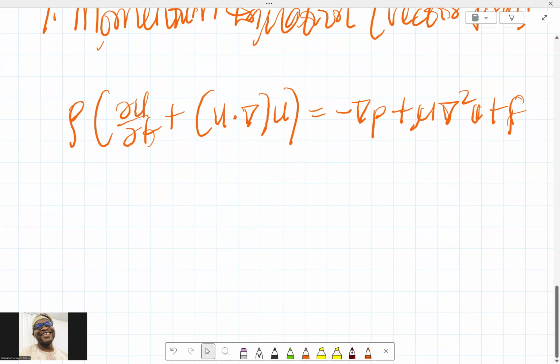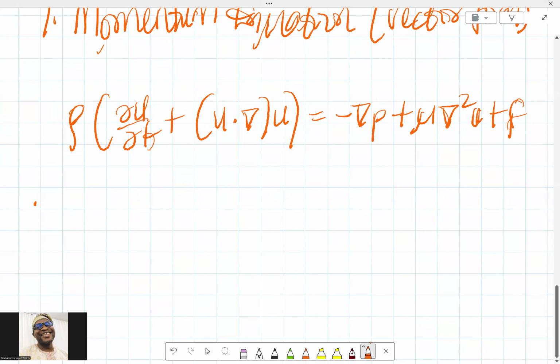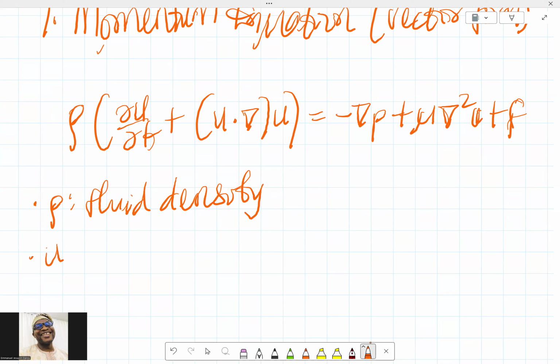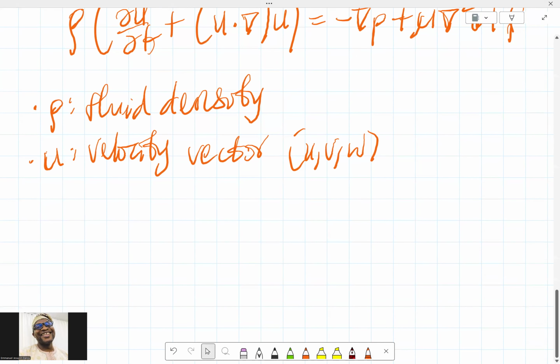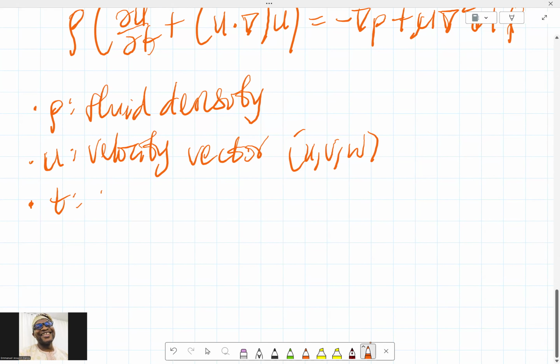So we have the momentum equation, and here we need to know that rho is the fluid density, u is the velocity vector. If it's in one dimension, that's only u. In two dimensions, we have u, v. In three dimensions, we have u, v, w. Then you have t, which is time. Then grad, the gradient operator, which tells us we need to differentiate.